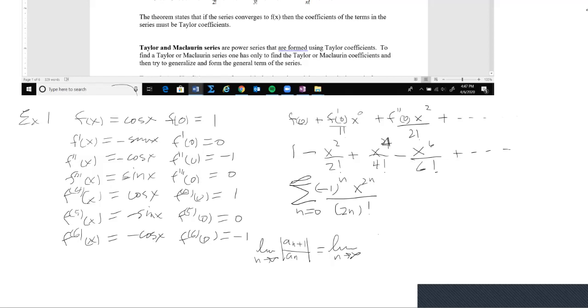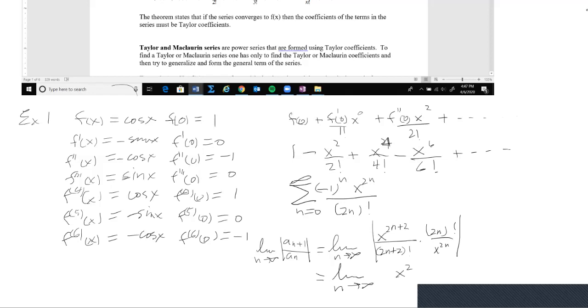We'll just have x to the 2n plus 2 over 2n plus 2 factorial, times 2n factorial, and then you've got the x to the 2n down here. Okay, and that comes down to, looks like we just have an x squared up here.